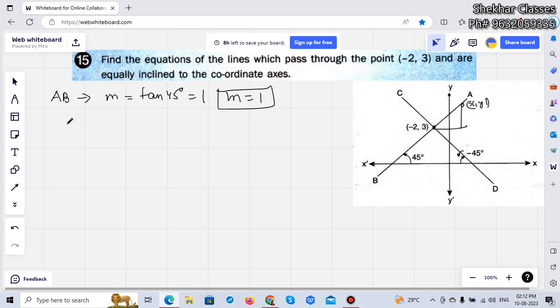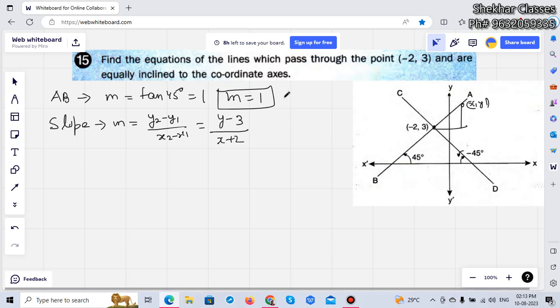So the other slope, for AB, M is equal to (y2 minus y1) upon (x2 minus x1). Y2 is y, minus 3, and x2 is x minus minus 2, so x plus 2. This is the slope.